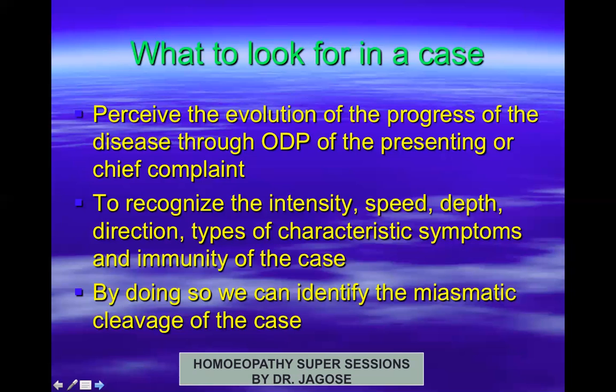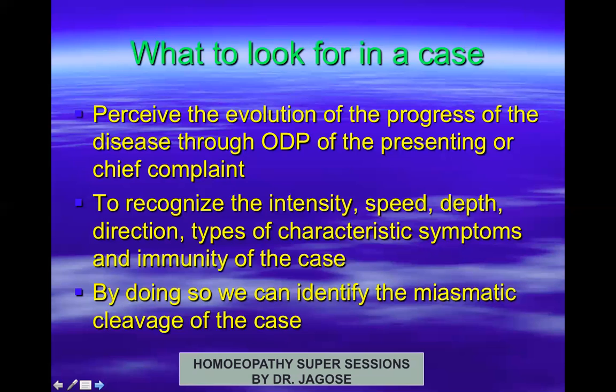And if you go to the syphilitic miasm, you know that there's irreversible change. The symptoms, few of them may be characteristic, but most symptoms are common, and it is an irreversible case. The pathology is very deep. You know that in such cases, you will not be able to cure the patient, but you'll be able to only palliate the patient.